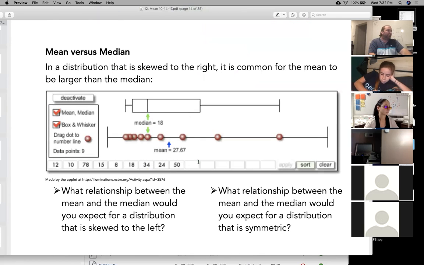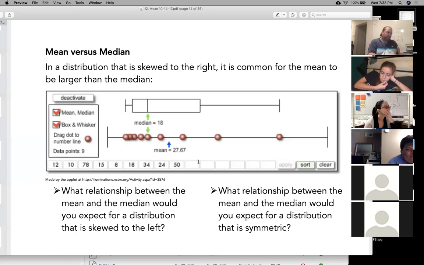So at this point, we now have two different ways of thinking about the center, the mean or the median. They're two different measures of center. And the question is, well, which one do I use? Do I want to use the mean or do I want to use the median? As a general rule, if it's skewed data, we use the median.